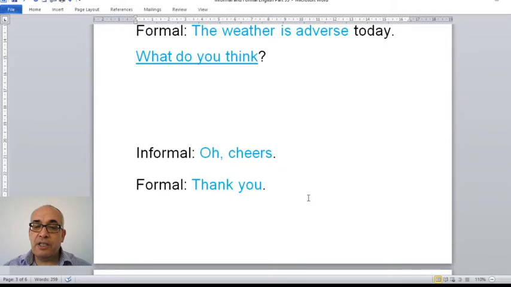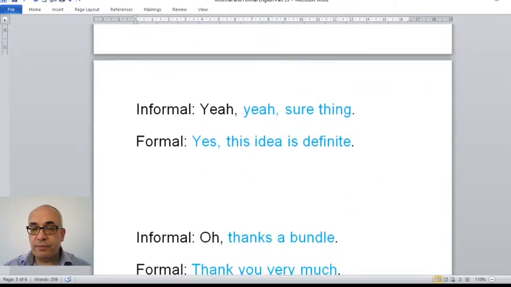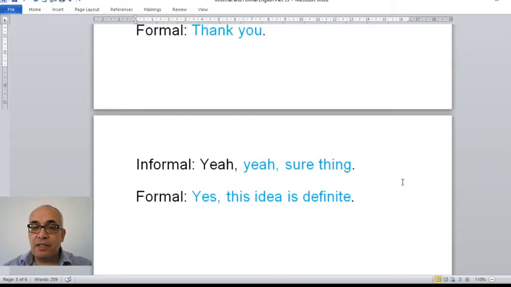This is the very easy one. Oh, cheers. The formal one is thank you. And this is again an easy one. Yeah, sure thing. Yes, this idea is definite. Of course, sure thing has many meanings, and the meanings depend on the situation or the context. But I give you one formal explanation for sure thing.